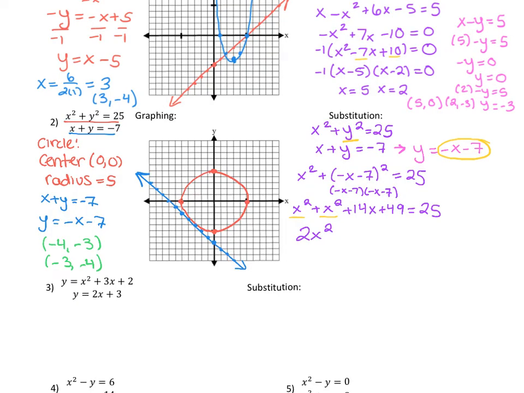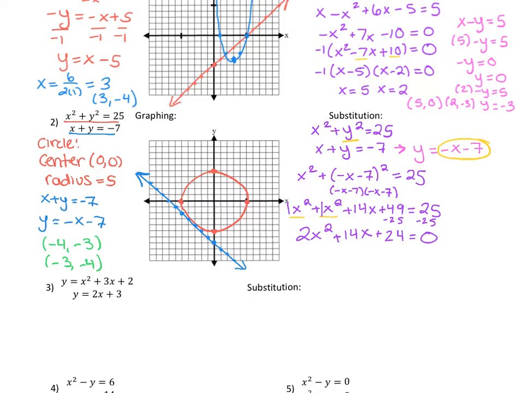It is not x to the 4th. I am adding 1x squared plus 1x squared, so I get 2x squared. Now, when I continue to simplify this, I'm also going to make my equation equal to 0. So I'll get a quadratic equation that says 2x squared plus 14x plus 24.